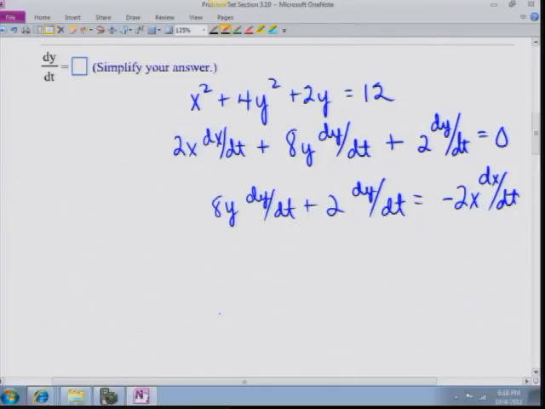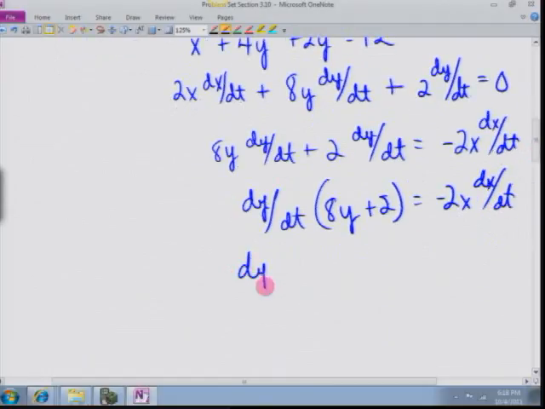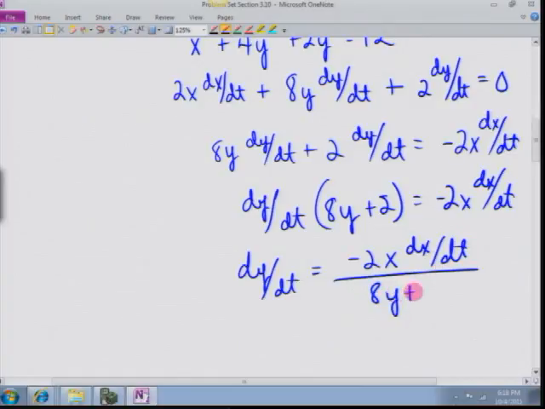Yeah. I got stuff to plug in, don't I? I'm not looking at the problem. dy/dt equals -2x dx/dt over 8y plus 2.